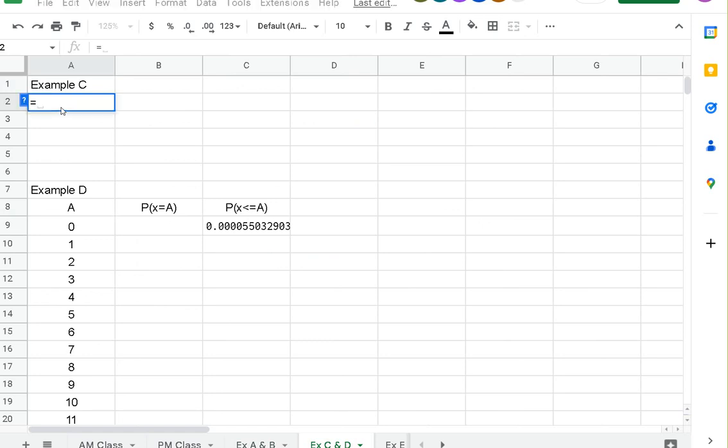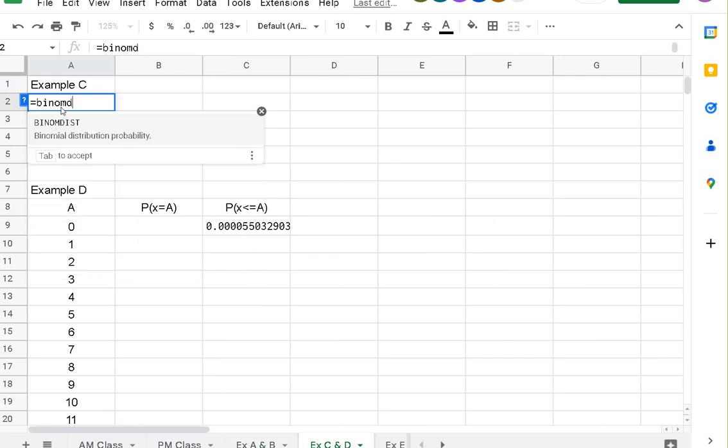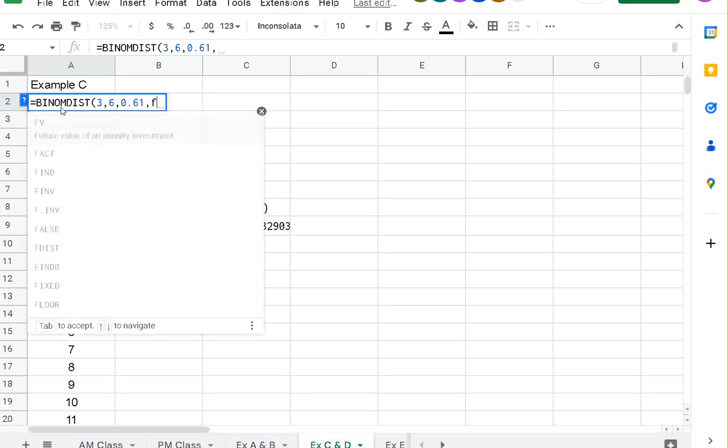What probability are you getting? 0.269. All right. So it should be 3, 6, 0.61. What's the last field here? False. False. Nice.